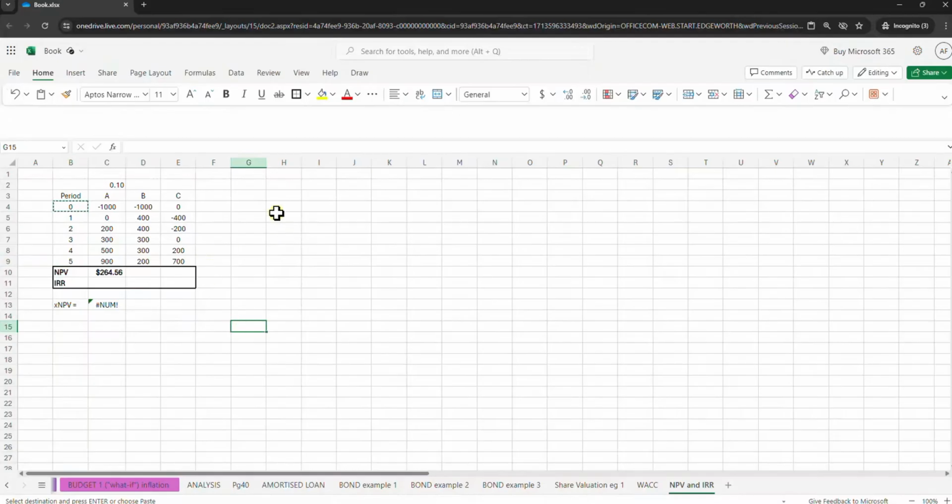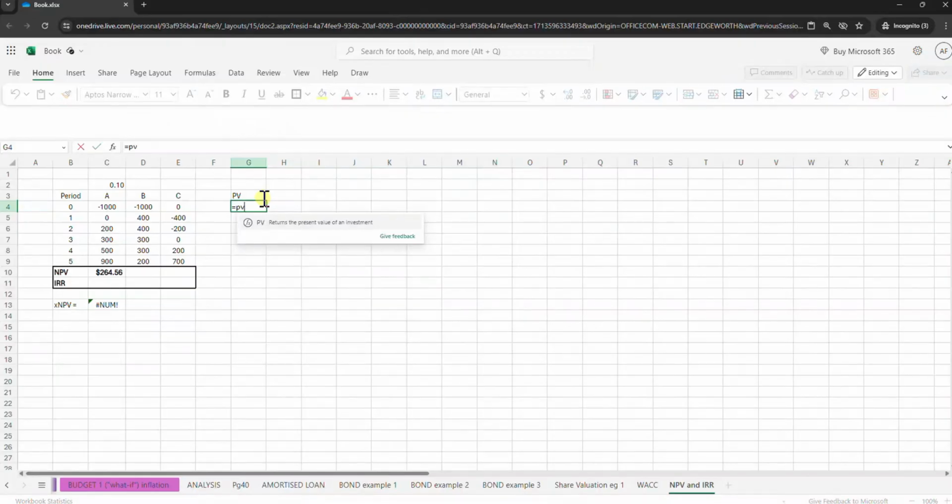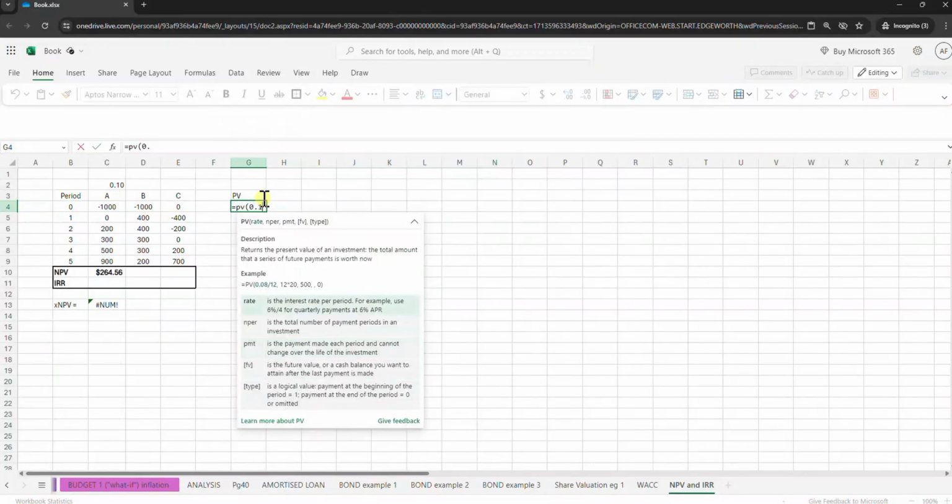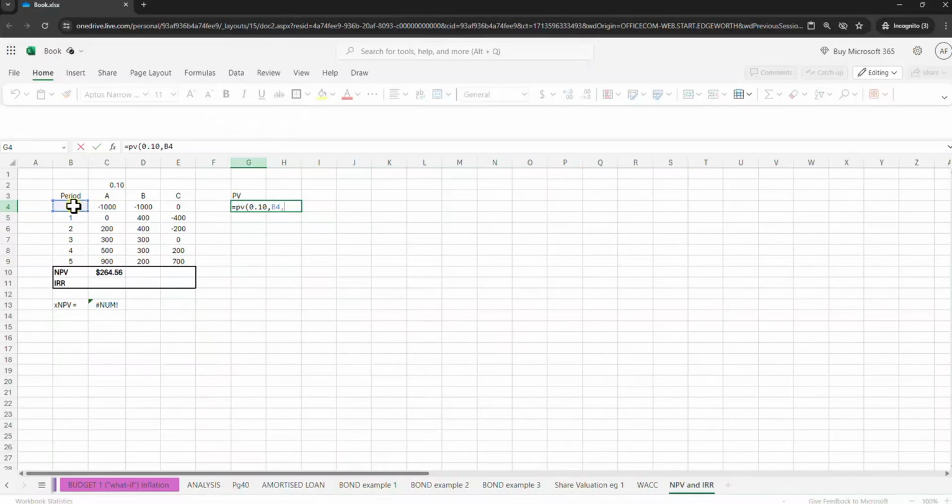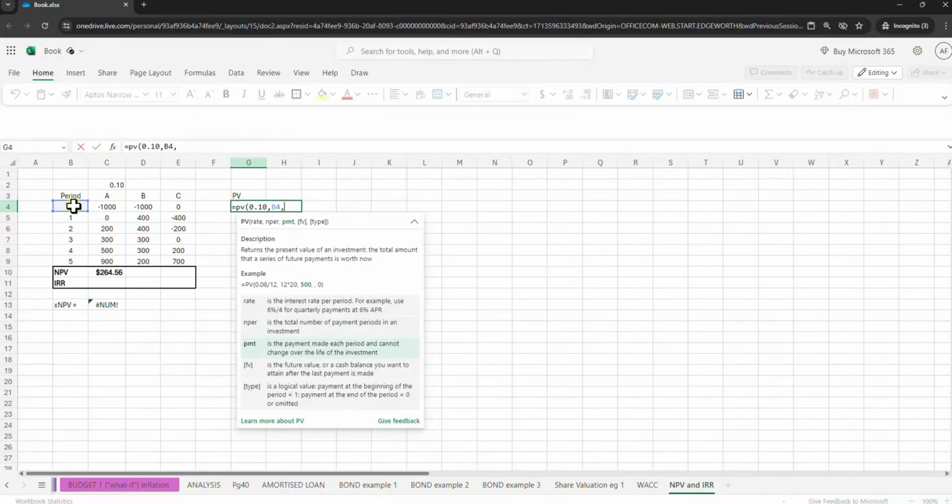Okay, with NPV, remember we're going to look at the present value for each observation. So I can check it: PV, brackets, the rate is 10%. Okay, the N will be this one. The payment is 0.